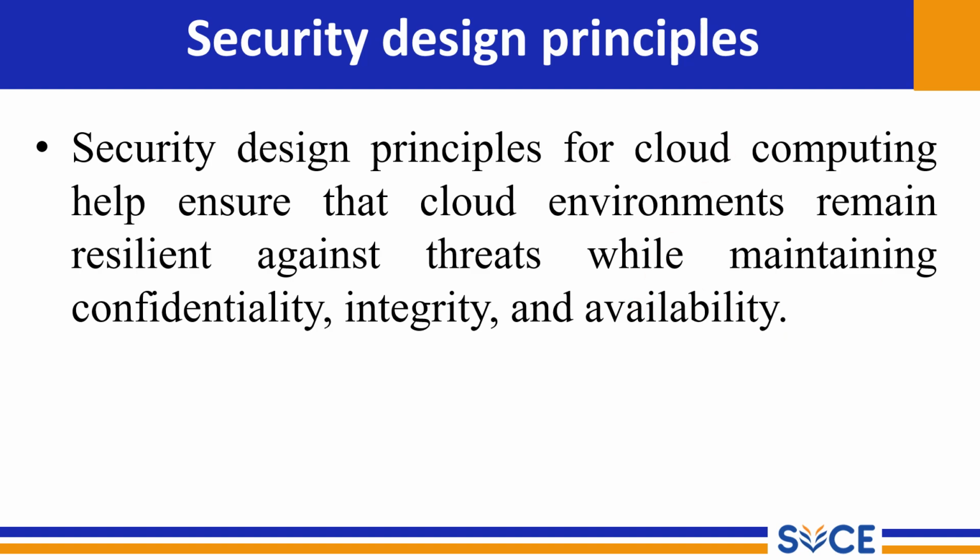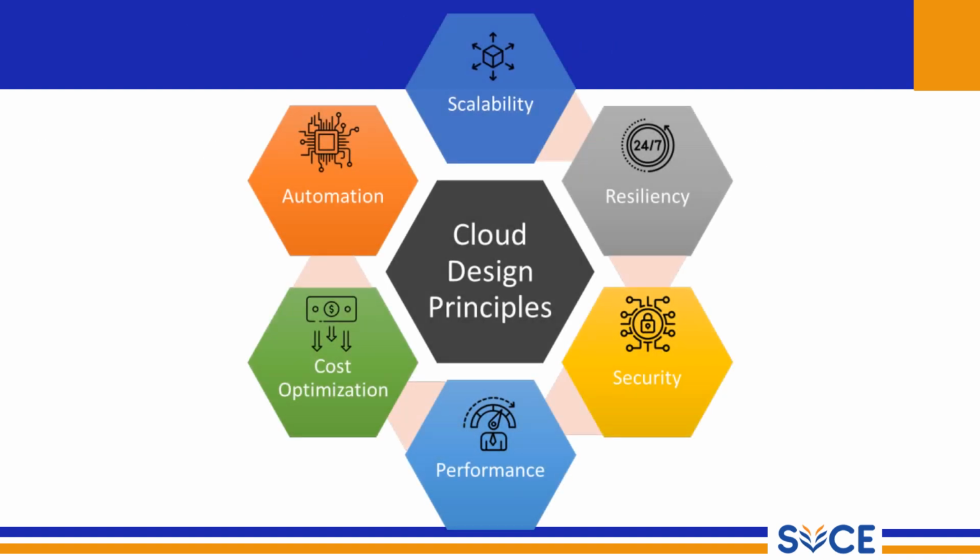So what are the principles which are available? Here in this diagram, you can see what comes under the cloud design principles. Totally there are 6 design principles illustrated in a diagrammatic format.